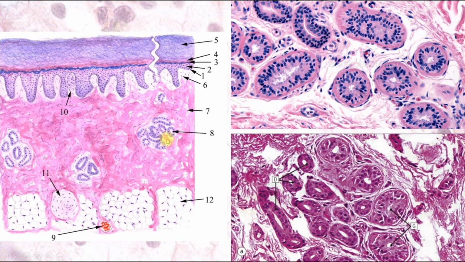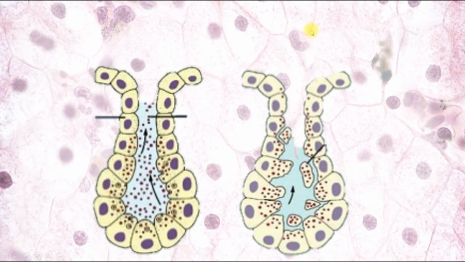And here we can see the localization of sweat glands and the ducts of sweat glands. They open on the surface of the epidermis. And we have two types of sweat glands, merocrine and epicrine. They have different mechanisms of releasing their secretory products from the cell.